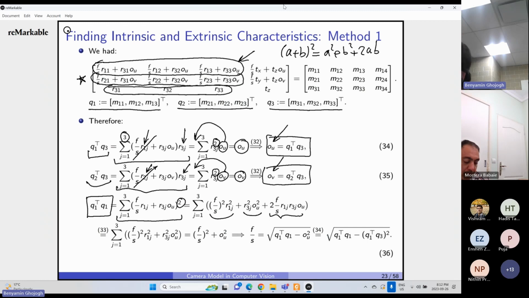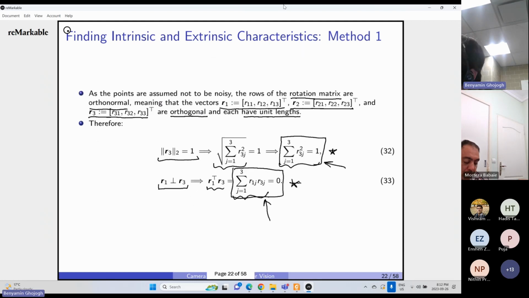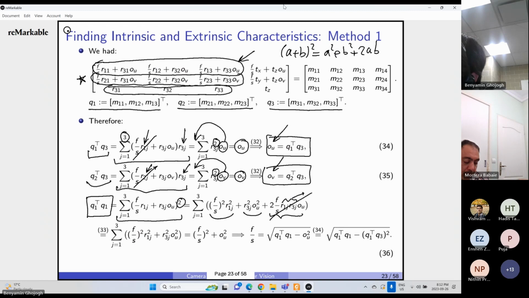Agreed? Okay. Now we know that this becomes 0 over the summation because of equation 33. So this goes away. This also, when I have summation, becomes 1. This also becomes 1, right? So I will have f over s squared times 1 plus ou squared times 1, right?